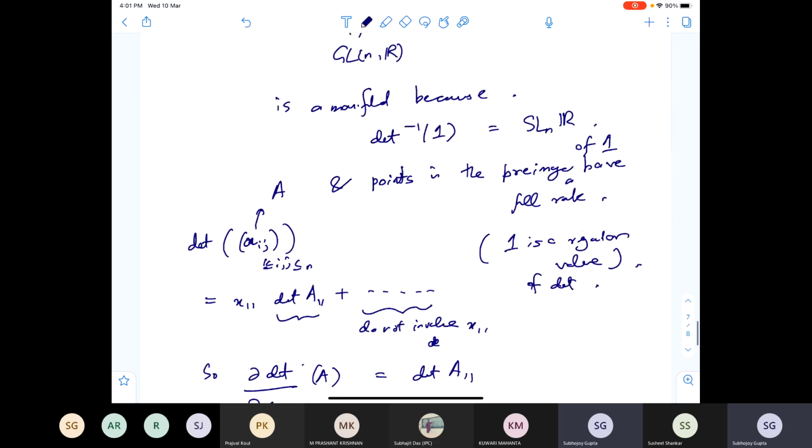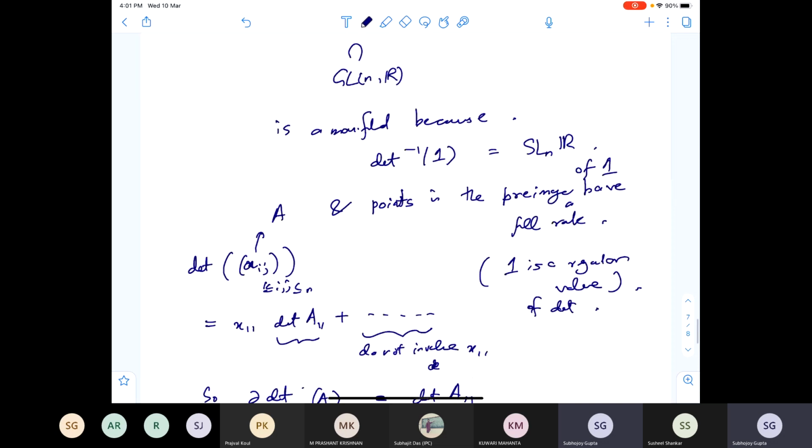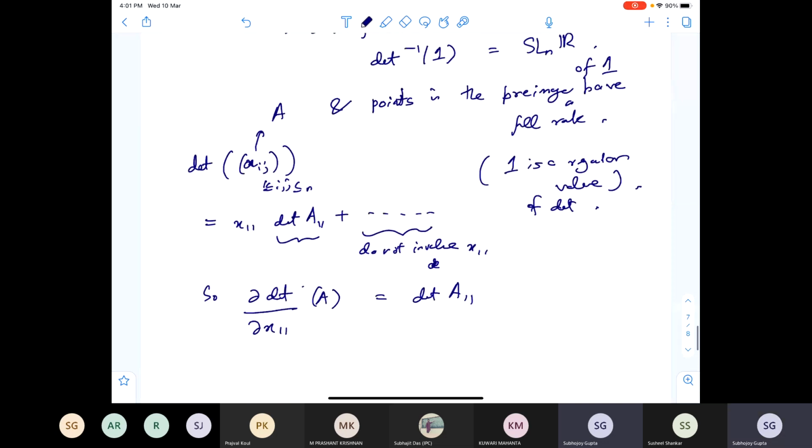And so if your determinant is 1, then one of these guys, I've just written it for X11, but you can change it into X_ij. So for each of these X_ij's, the partial derivative is going to be the determinant of some cofactor here.